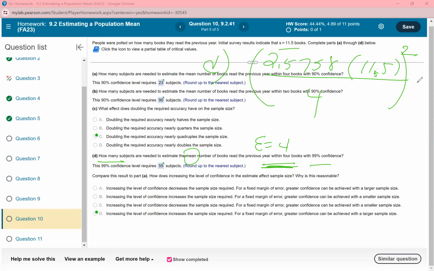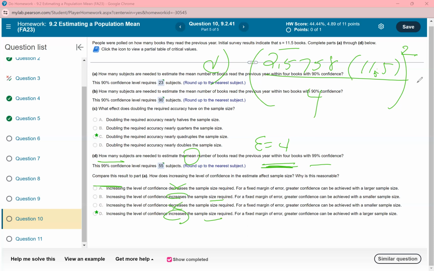So compare this result to part A. How does increasing the level of confidence affect the sample size? Well, didn't it increase it, y'all? Increasing the level of confidence increased the sample size required. It did not decrease it.